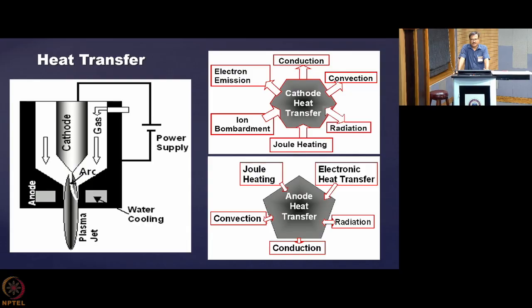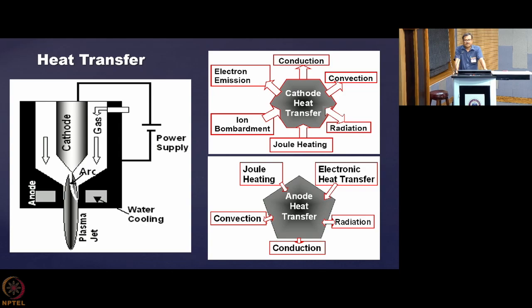Why are they not there? Because the anode is at positive potential, so electrons will enter there. So electronic heat transfer is there, but ion bombardment is not, because electrons are entering but ions are not reaching there.